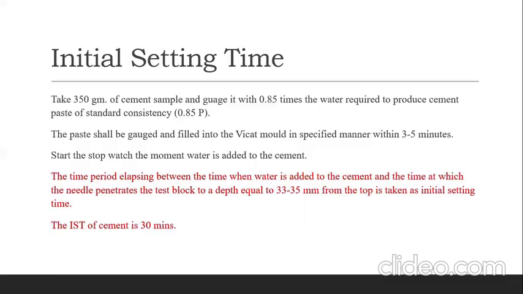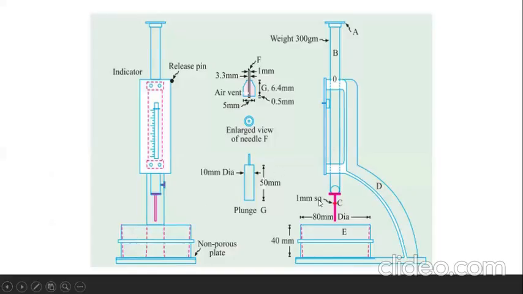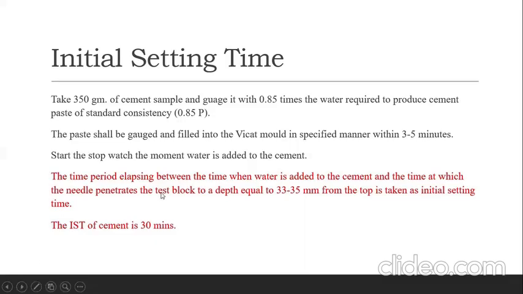In the previous case, the standard consistency test, we used a plunger, but in this case we have to use a needle. The pink color device which is attached to this Vicat mold, we call it the needle. This needle has to be fixed and allowed to penetrate through the cement paste, and you have to check how much the needle has penetrated from the top.